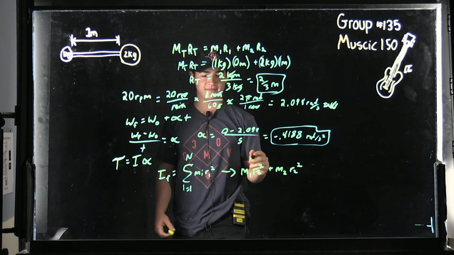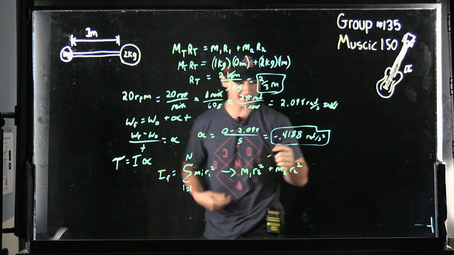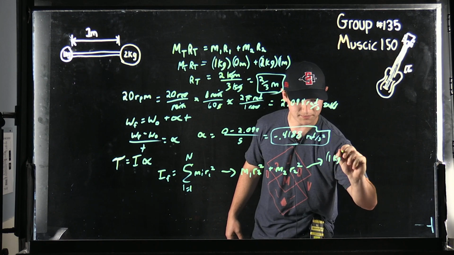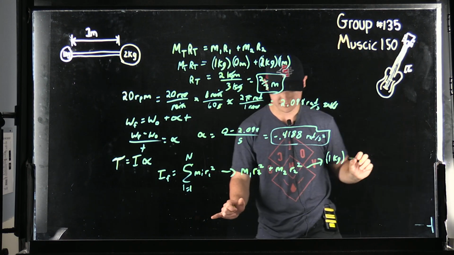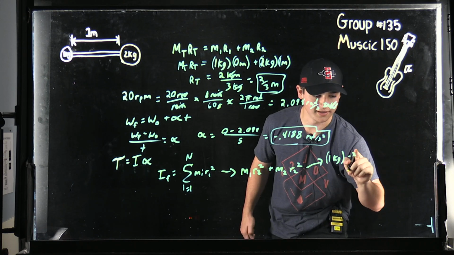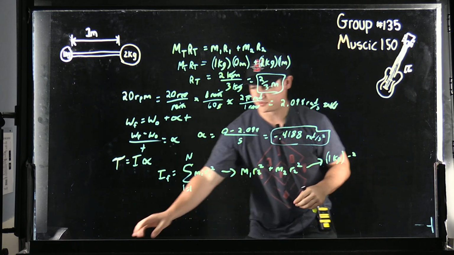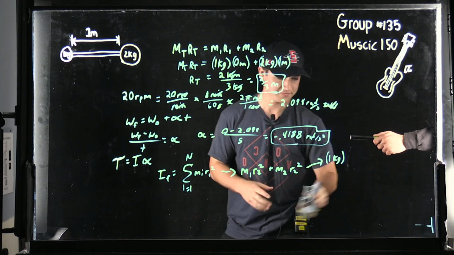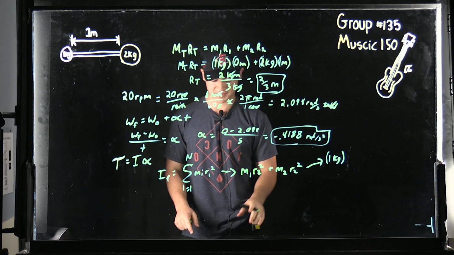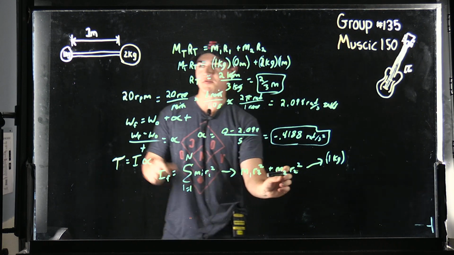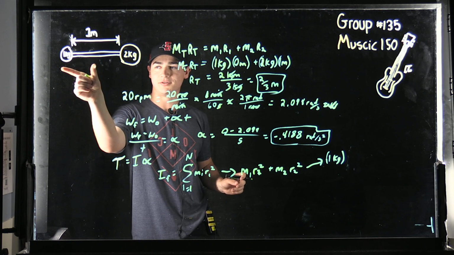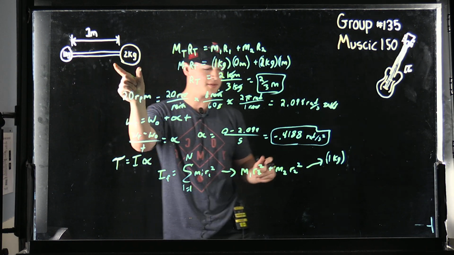M2R2 squared. Oh, look at that. 1 kilogram. Let's plug in the information we know. Okay, so this is where it gets a little confusing. The R is going to be from the center of mass. So this is going to be negative 2/3, and this is going to be a positive 1/3.